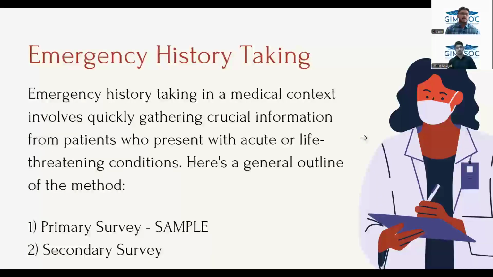They can't talk, they can't do anything, they just want medications and they just want help. So on one side you have your normal history, and on the other side a primary survey and a secondary survey. I'll give you a brief on what a primary and secondary survey are. The primary survey also includes something called SAMPLE, which is maybe the most important mnemonic you need to know in an emergency setting. Yes, Karthik, next slide, please.